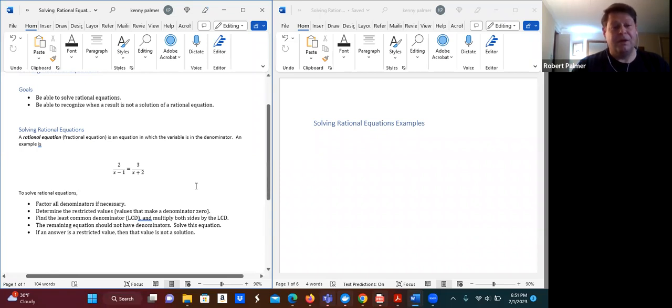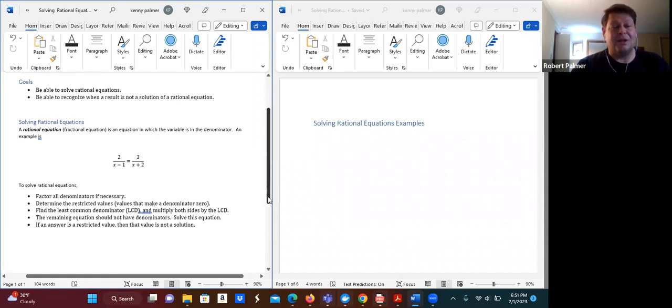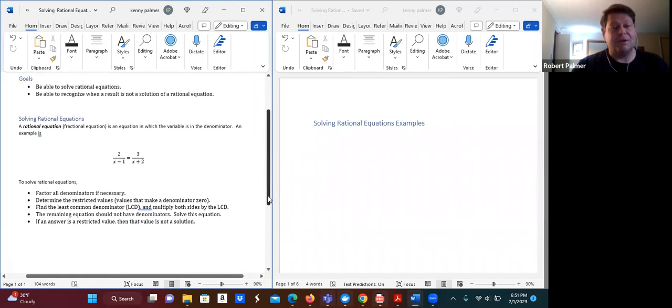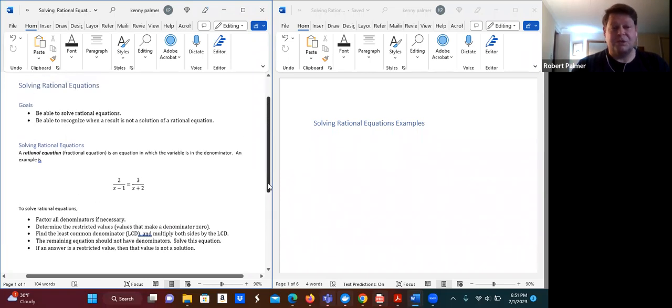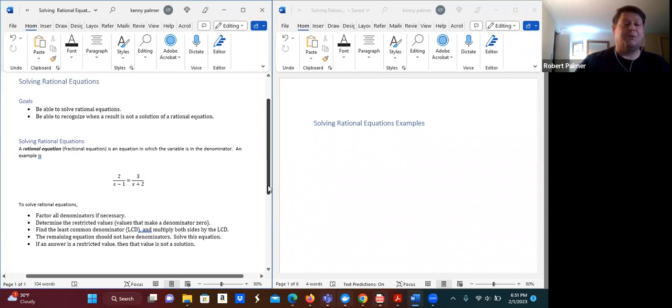In this case, that will involve some expression of x or whatever our variable is. The equation we get out of that should have no denominators. We'll solve that, and then we have to make sure that the solution we get is not one of these restricted values, something that makes the denominator zero. If it does, then that number is not a solution to the equation. It's even possible for equations like this to have no solutions at all.